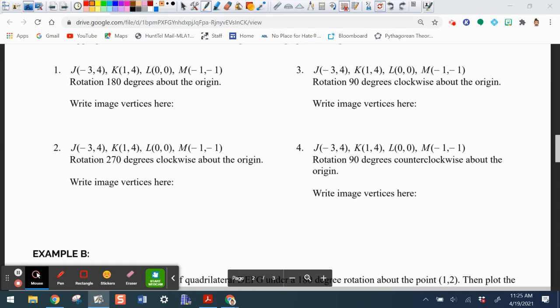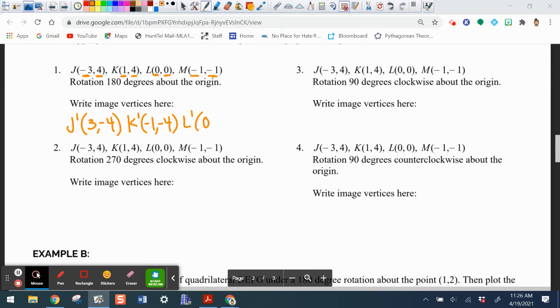Number 1 tells us to rotate 180 degrees about the origin. So in reference to the functions, all we're going to do is change the signs of each of these x and y values. So J prime will be located at 3, negative 4. K prime will be located at negative 1, negative 4.